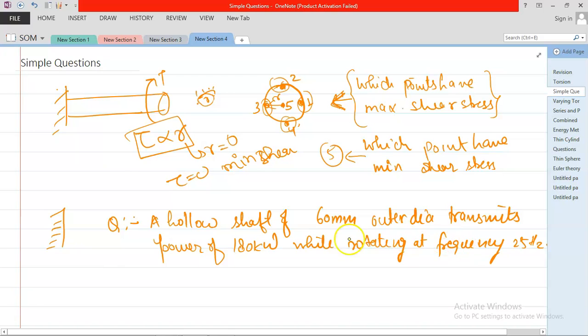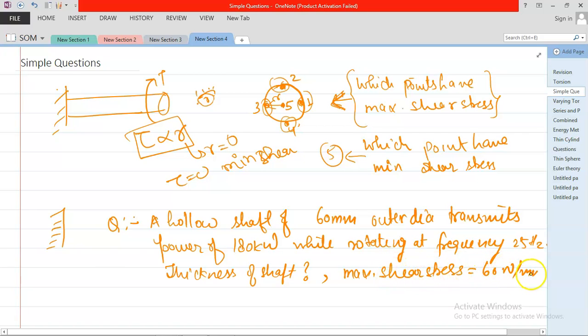Find the thickness of the shaft. The maximum shear stress would be 60 Newton per mm squared. So use the equation T by J is equal to C theta by L is equal to tau by R. I am giving you 1 minute.